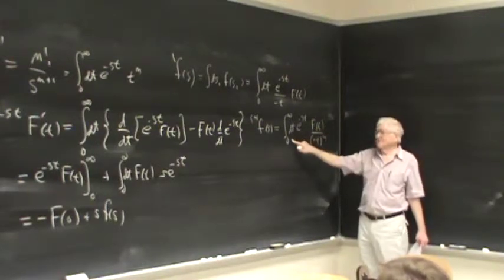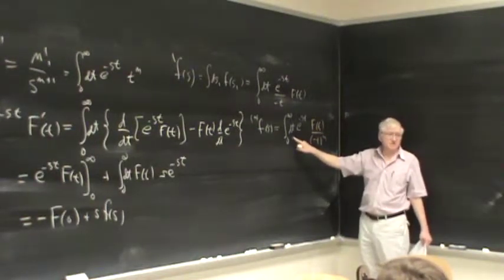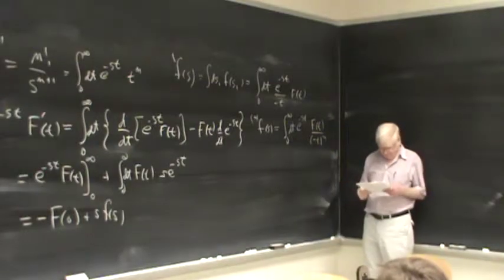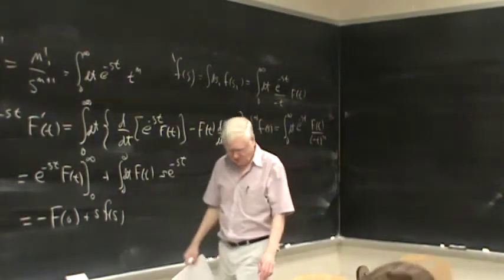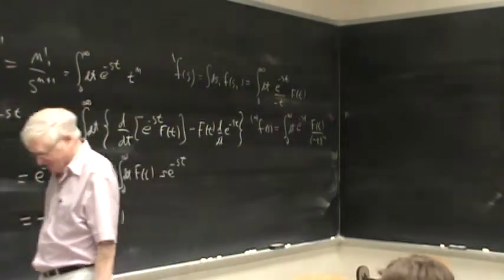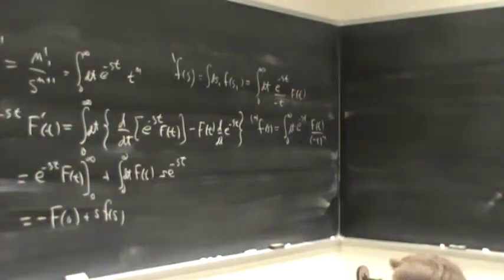Otherwise, the integral is bad at t equals 0. So that's just one of the things you have to keep in mind, even though we're in a physics department and we can approximate things. You've got to make sure that you don't do something that's completely crazy.